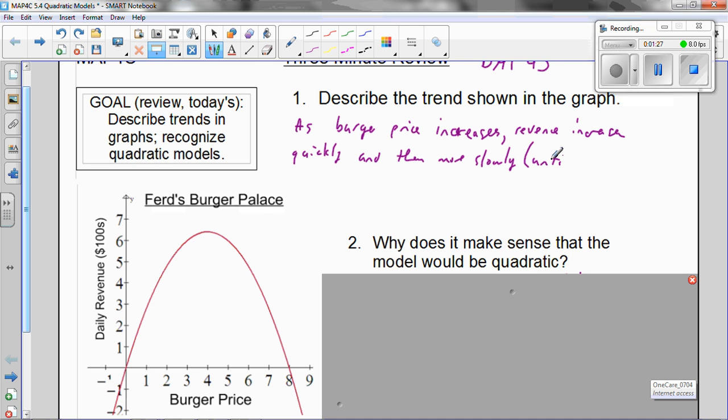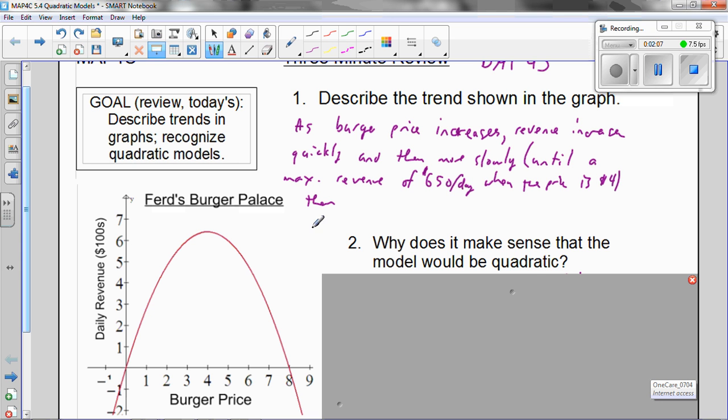And I'm going to put the maximum in brackets: until a maximum revenue of, and I'm going to read that point, maybe 650 bucks, because it's in hundreds of dollars, $650 per day, when the price is $4 a burger.